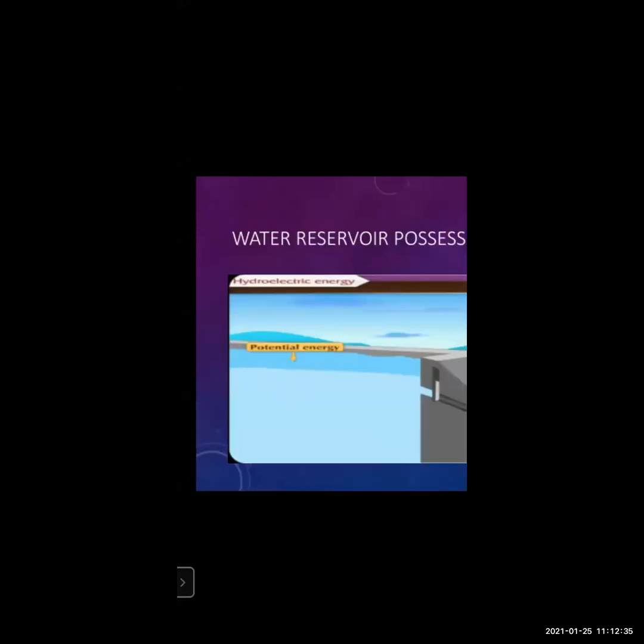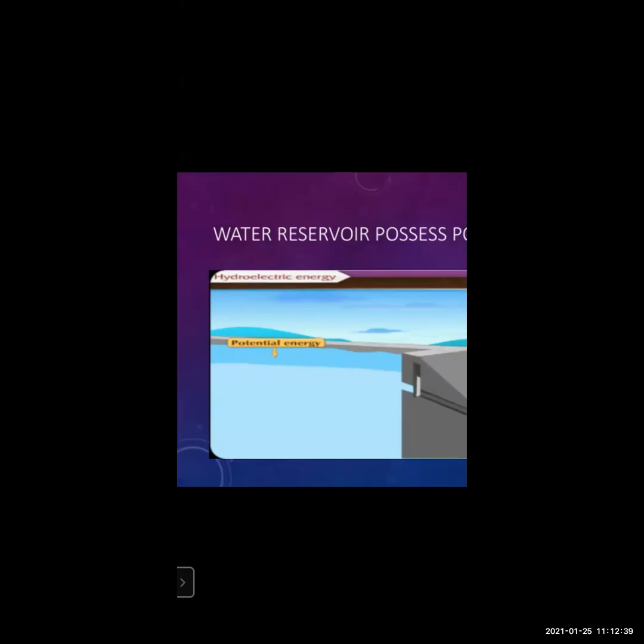The water in the hydroelectric power plant, means in a dam, the dam where this energy is created or generated, it has the water energy.